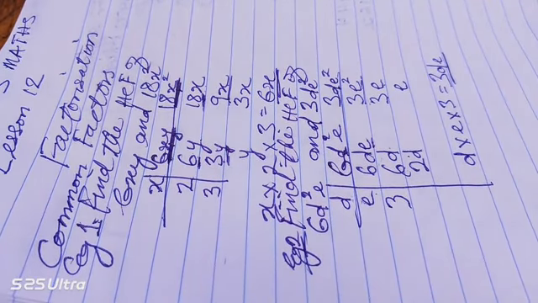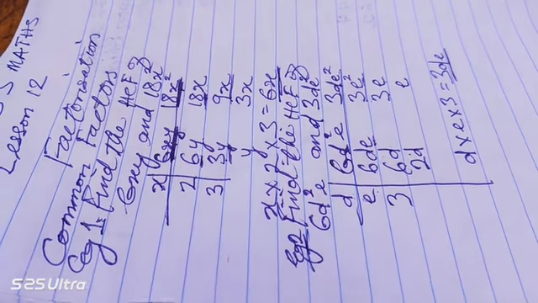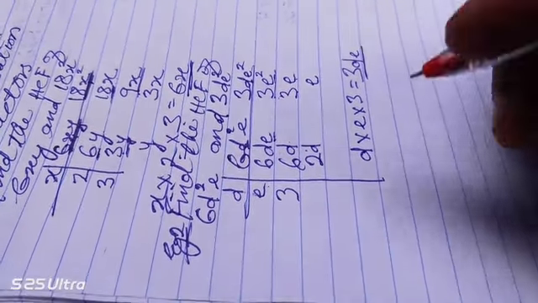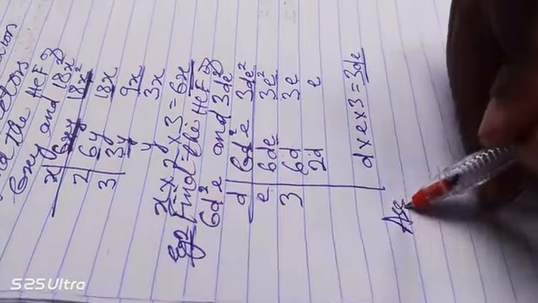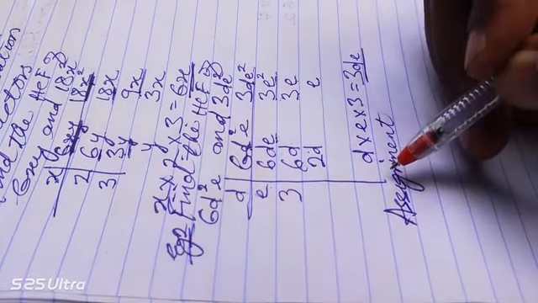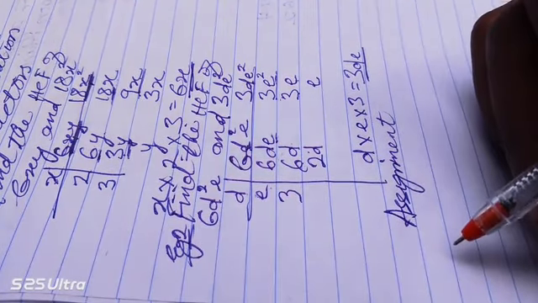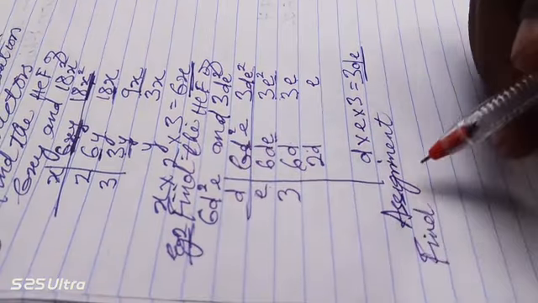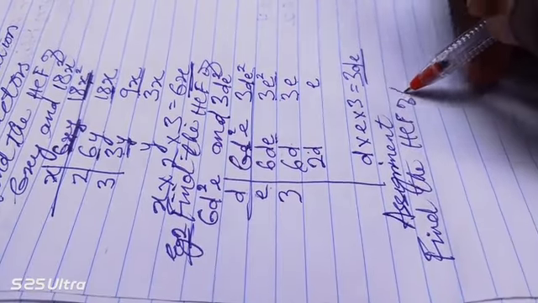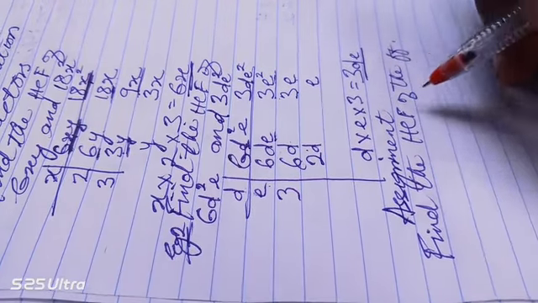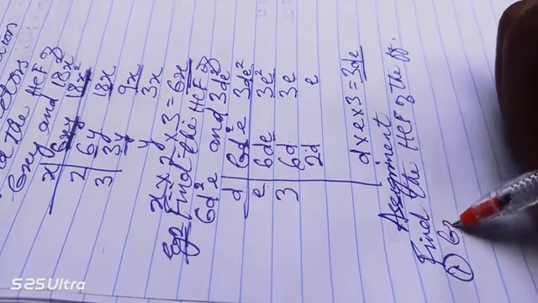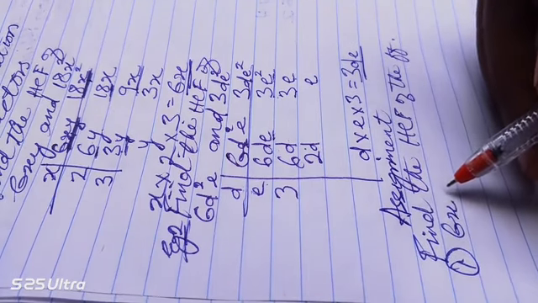So with this explanation, I will leave you with assignment. I will leave you with 3 questions to do as assignments. Find the HCF of the following. 1. 6x and 15.